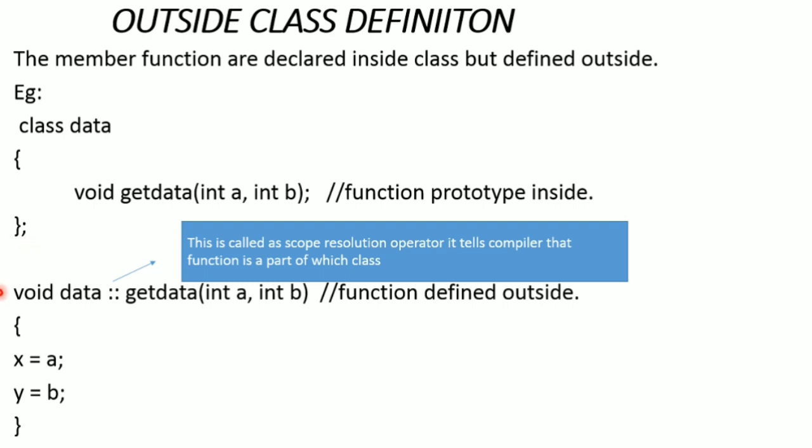To do so, we have to use this operator. This operator is called the scope resolution operator, and what it does is tell the compiler that the function is part of this class. Like here the class is data and this is the function, and here we have the parameters and this is the definition of the function.